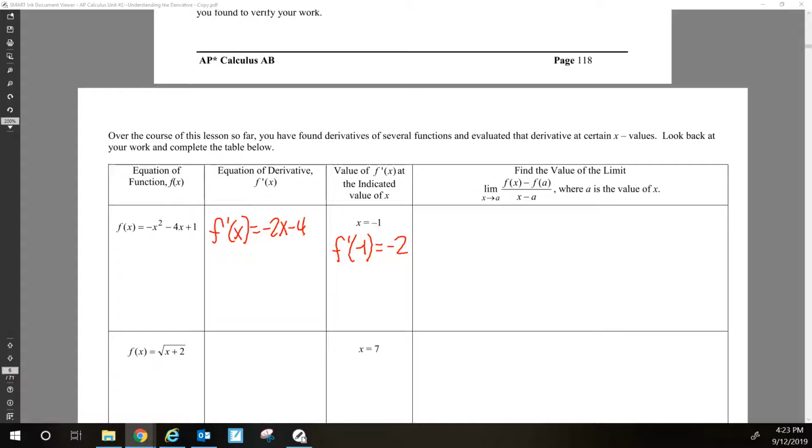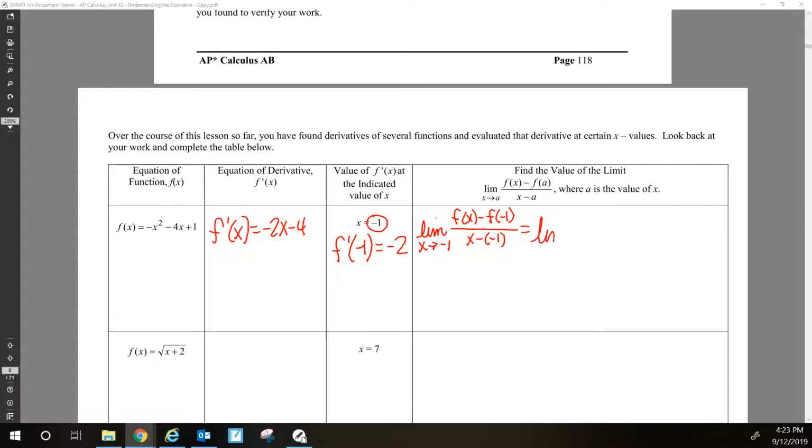And now it wants us to find the value as x goes to a of f of x minus f of a divided by x minus a, where a is the value of x. So in other words, for this one, I'm going to plug in negative 1 for a here. So I want the limit as x goes to negative 1 of f of x, I'm just going to write it out, minus f of negative 1 all over x minus a, minus 1.